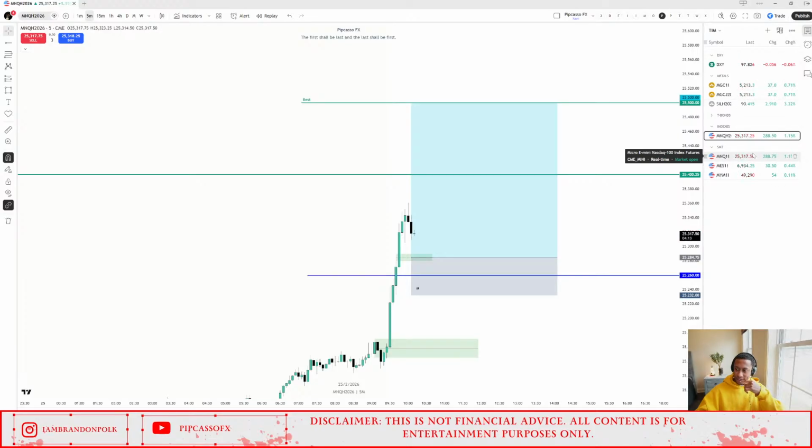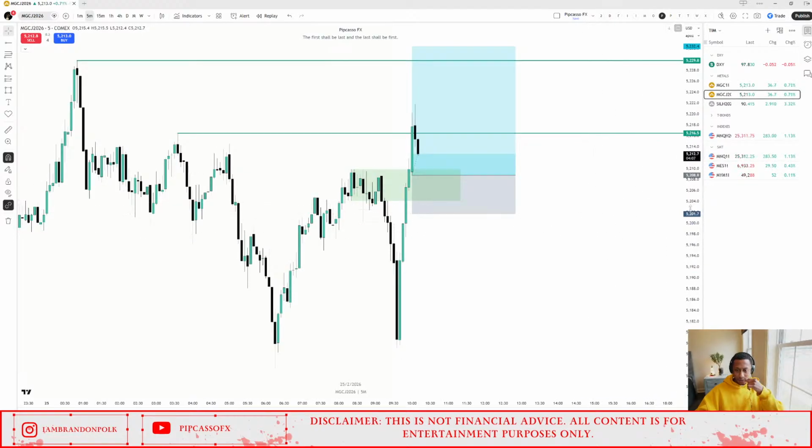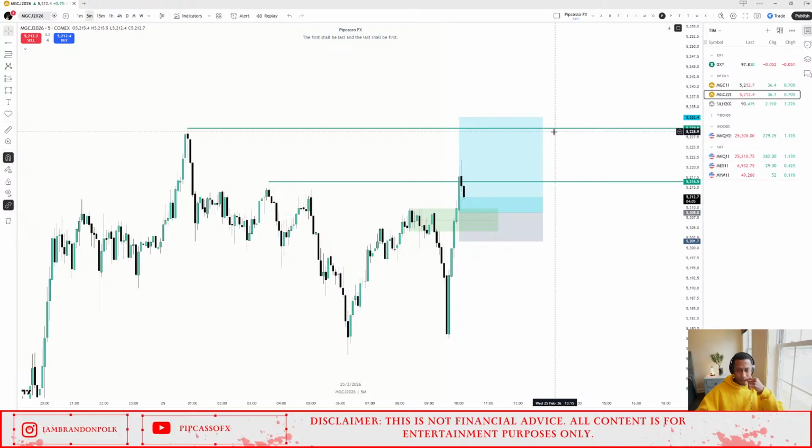Ultimately attacking that high. This is what I'm talking about. That's what I'm watching here. I think I'm going to elect to take gold and do it.